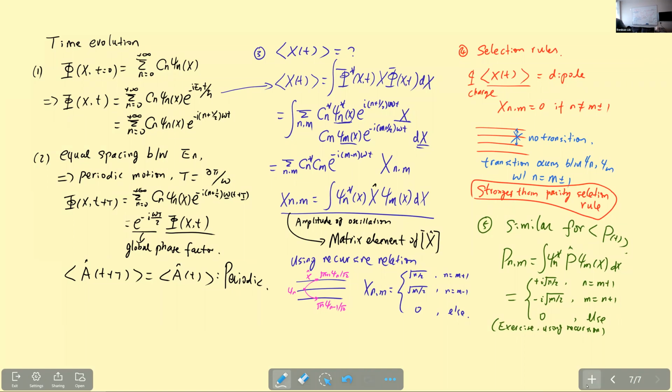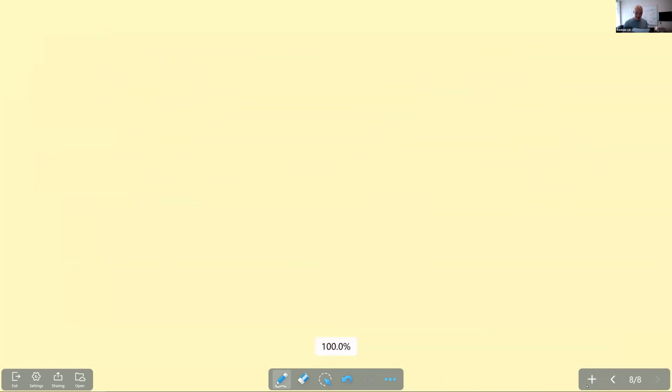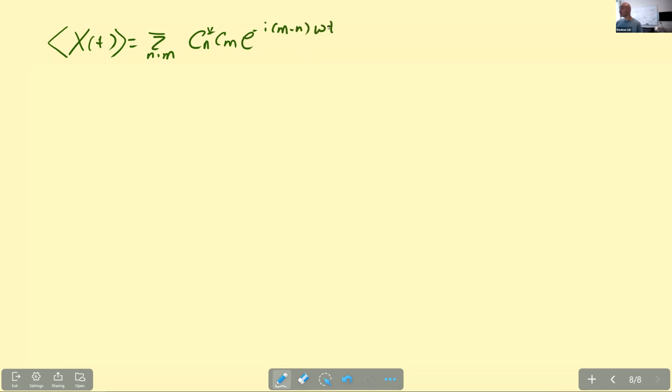And actually, for the harmonic oscillator, it's also interesting that if you write this explicitly, you can see that x(t) equals the summation over n, m of c_n c_m e to the minus i(n minus m) omega t, times x_nm. And the momentum can also be calculated.